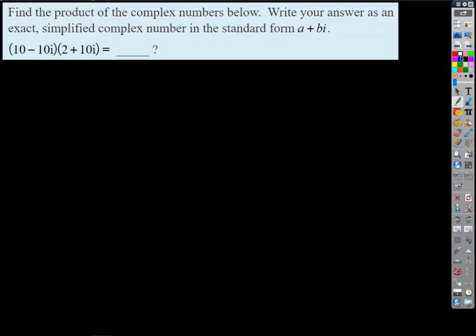How do we multiply complex numbers? We just distribute. We treat the i like a variable, except what's i squared equal to? -1, good.